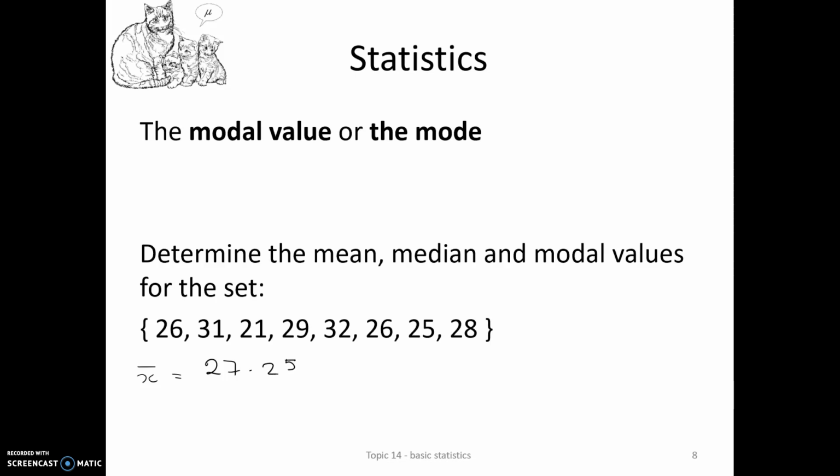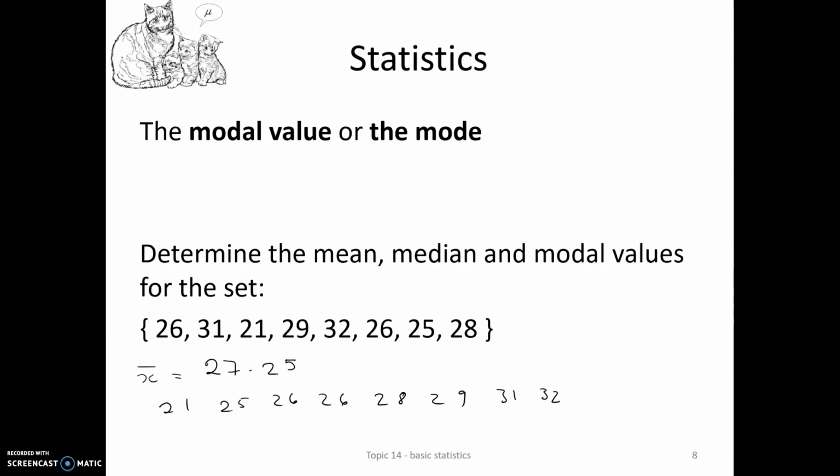27.25. Putting them in order would give us 21, 25, 26, 26, 28, 29, 31, and then 32, which means that the middle value would be halfway between 26 and 28.